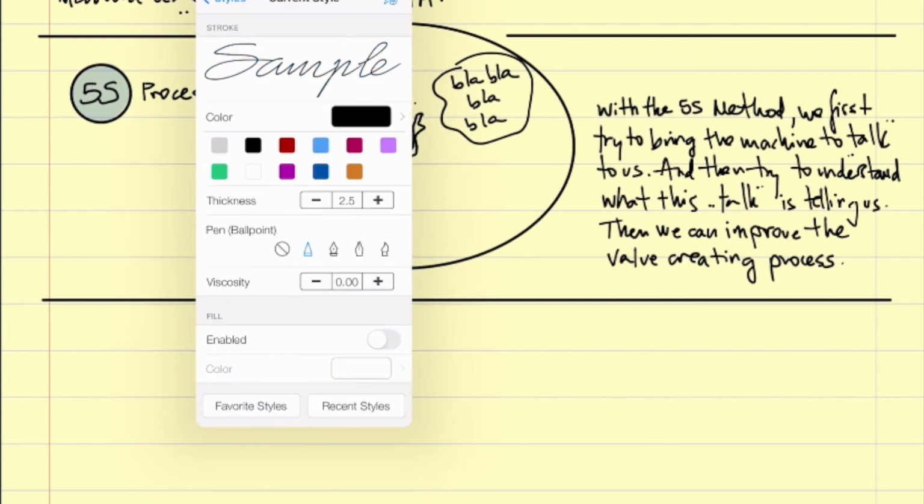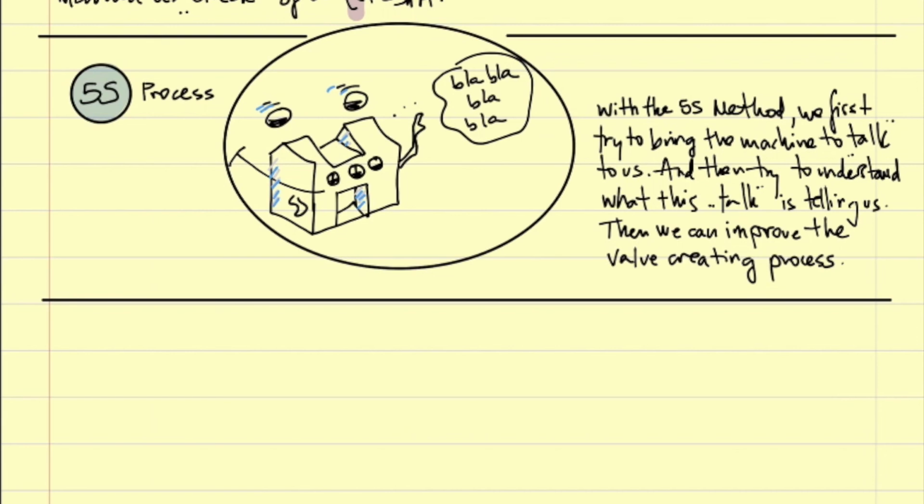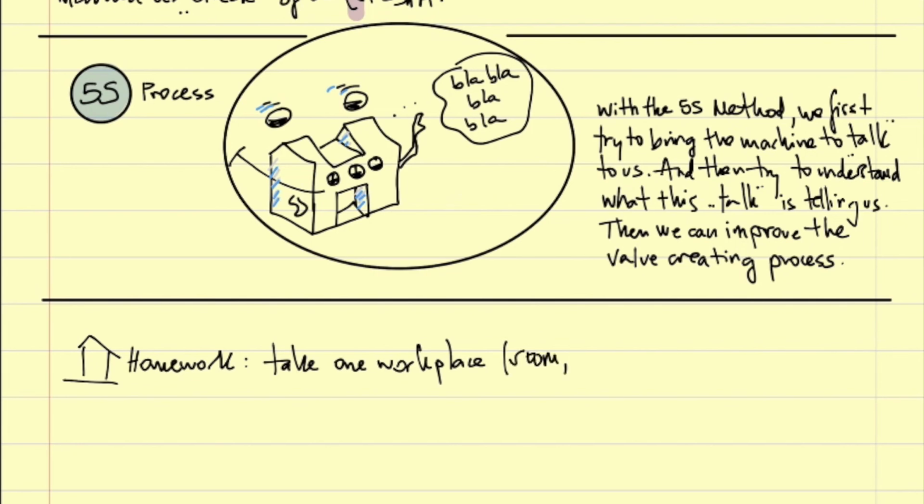So you have one exercise for your homework. Take one workplace. Can be your room or the kitchen at home, or if you are working in a company, just your desk, whatever.